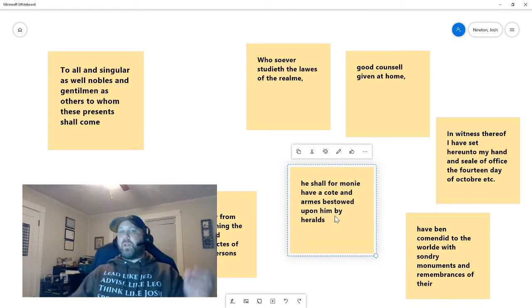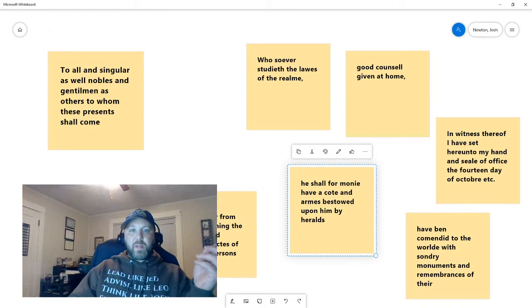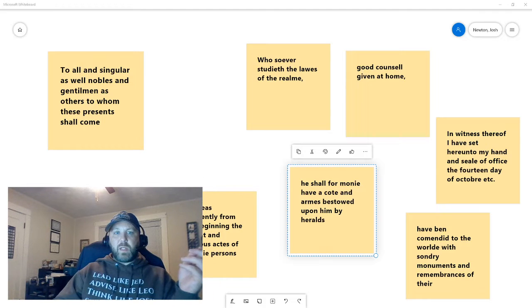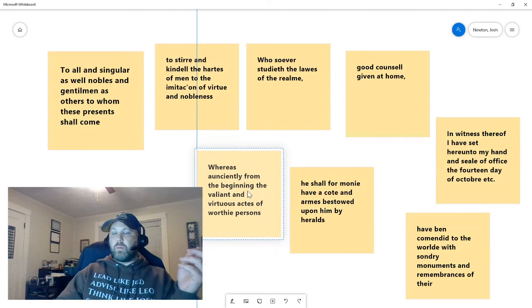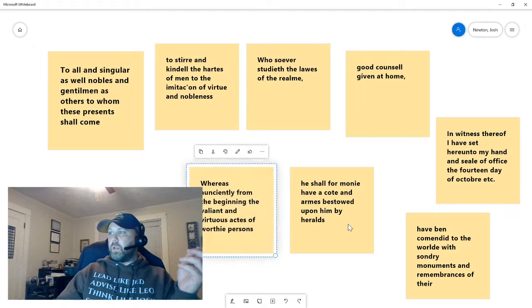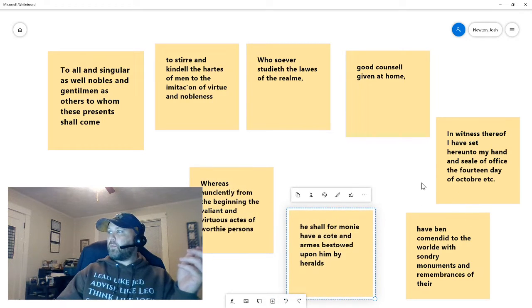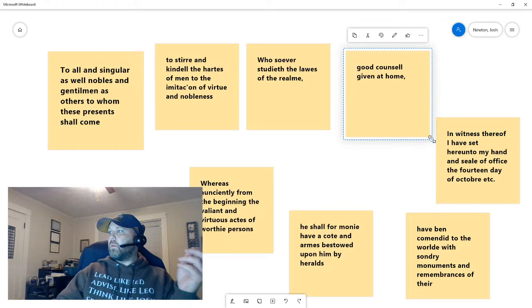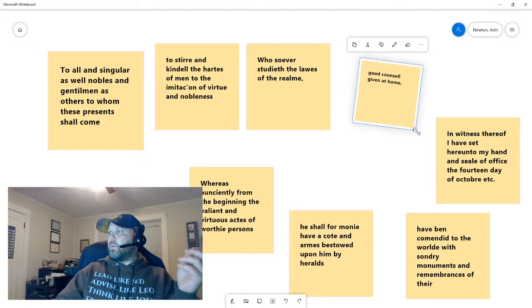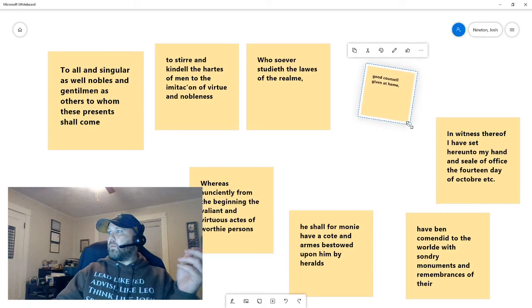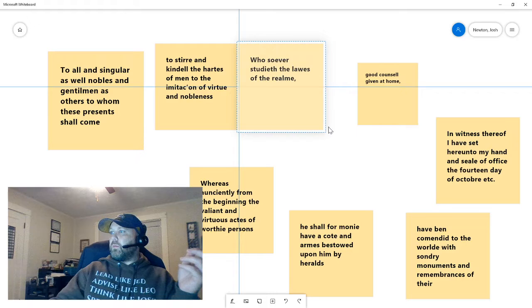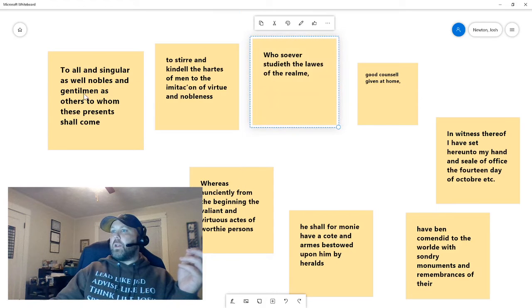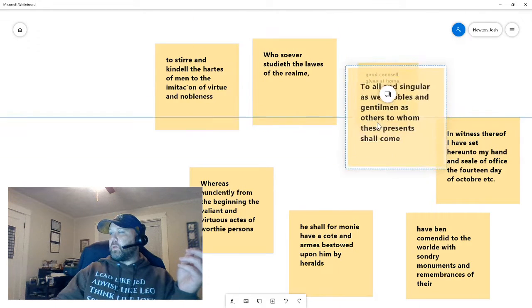Alright, so these are the pieces that I know that I want to use, and so let me get them out from behind. Okay, it's not going to let me play with the size, that's fine. And so I know that the first one that I want to use is this one here.